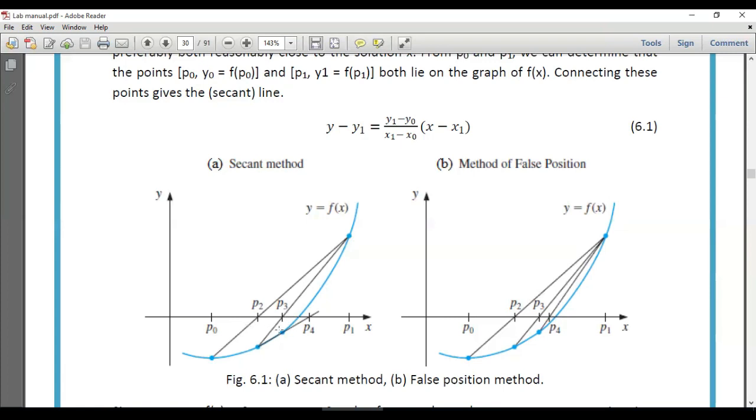Clearly you can see that after evaluating these new points, we are getting closer to the solution. This was our P0, this is our P1, this is our P2, P3, P4. So this is how the secant method works. Now I will show you another method, called the false position method.